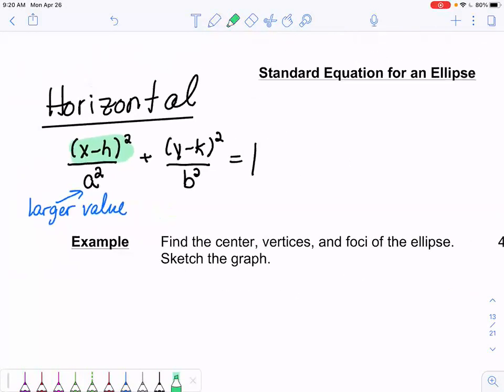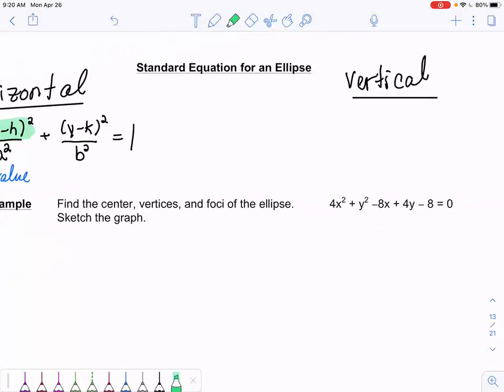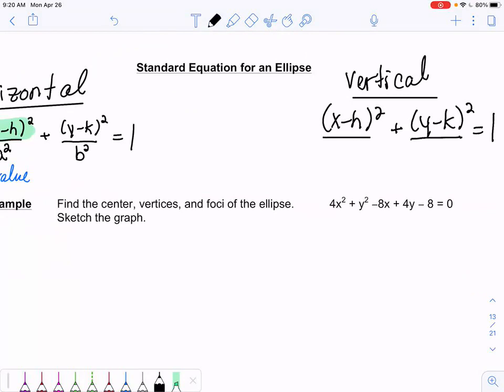When you write the standard equation for the vertical graph, it's going to be exactly the same: x minus h squared, y minus k squared equals 1. But a squared is with y.